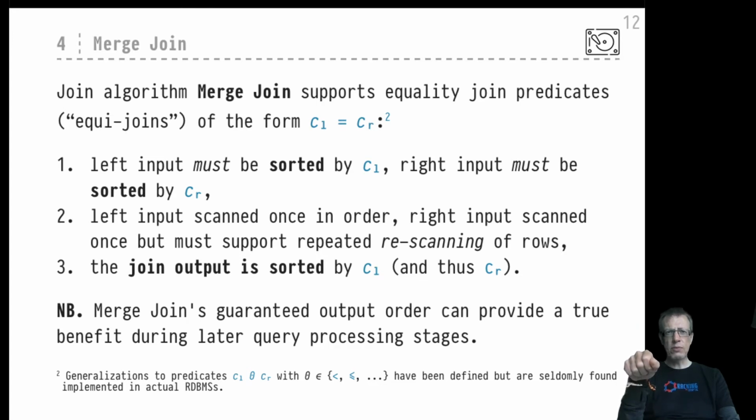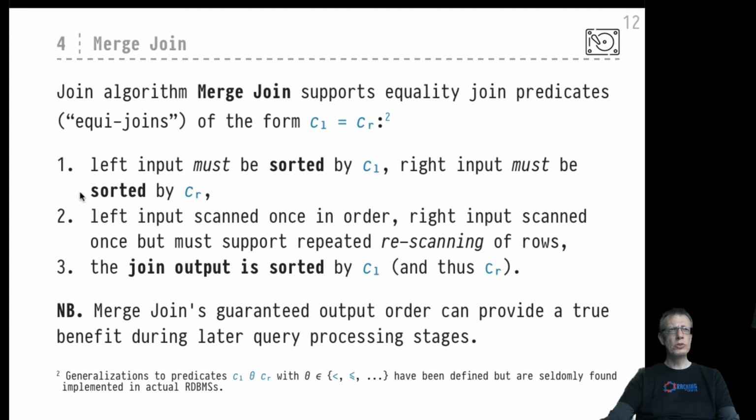We have to scan the pointer back a few rows, hopefully not too many, and rescan a portion of the rows of the right input multiple times. But we would hope that this rescanning only affects a few rows, maybe a few blocks, a few pages of the right input, and thus would be local. It does not ask for a complete rescan of the right input, as has been the case in the nested loop join algorithms. We try to avoid that here.